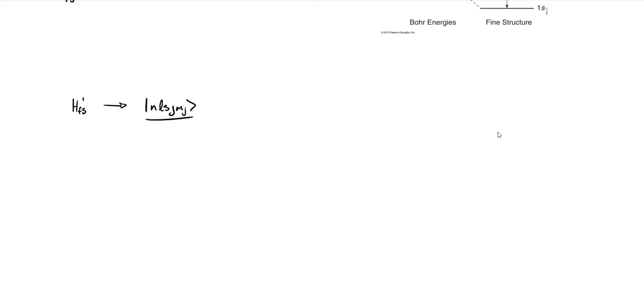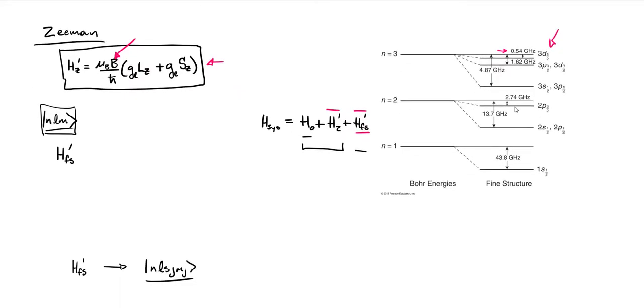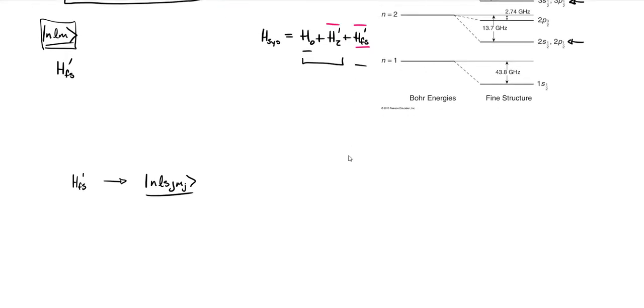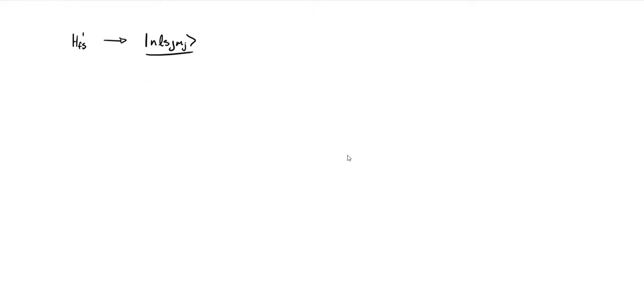Now, some of these states were still degenerate. If we looked up here, there were still degeneracies in those perturbed states of the fine structure after applying that fine structure perturbation. So we're going to have to use these states to apply our degenerate perturbation theory with our Zeeman perturbation. Remember, degenerate perturbation theory is essentially you're supposed to diagonalize the perturbation Hamiltonian in the degenerate subspace.